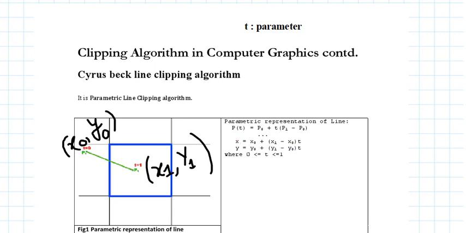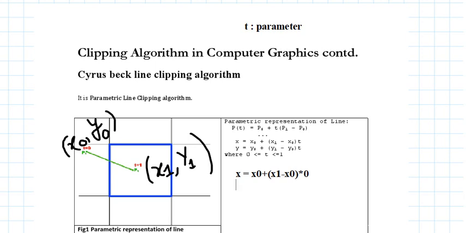If you put 0 in this first equation, x equals x0 plus x1 minus x0, that means the difference between the x values of starting point and end point, multiplied with the initial value of t.